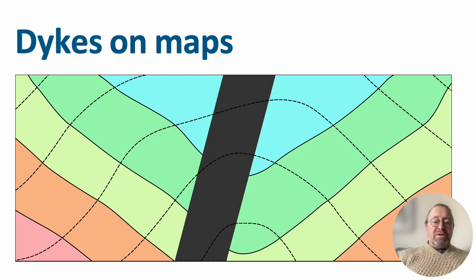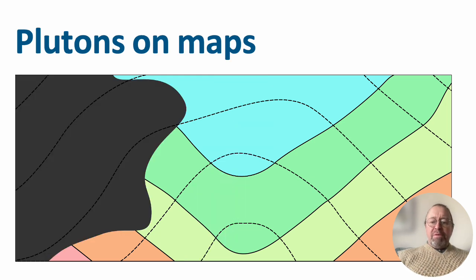They just look like somebody's taken a marker pen and drawn, in this case, a big black line across the map. And our plutons, the big blobby plutons, are doing what one would expect. They cut across both the stratigraphy and the topography, and they have this irregular mass. They're not tabular in form, they're not geometrical.